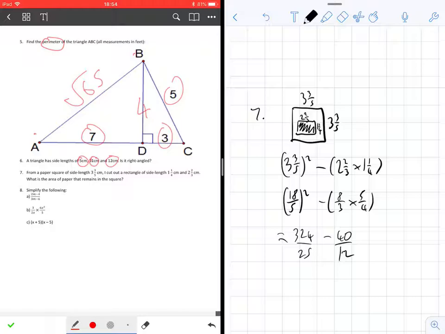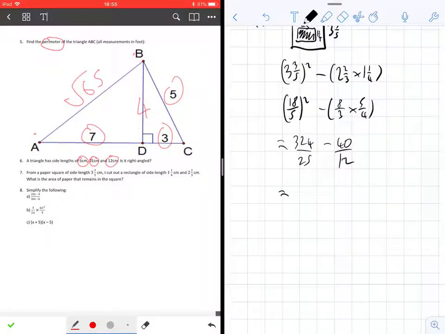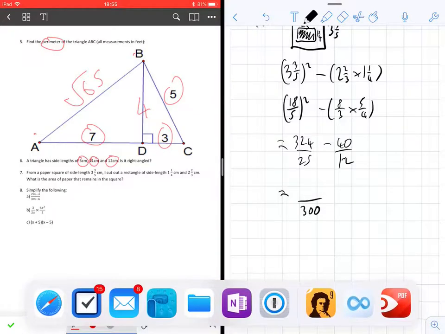A fairly monstrous common denominator. It's going to be 25 12s, which is going to be 300. 12 324s.